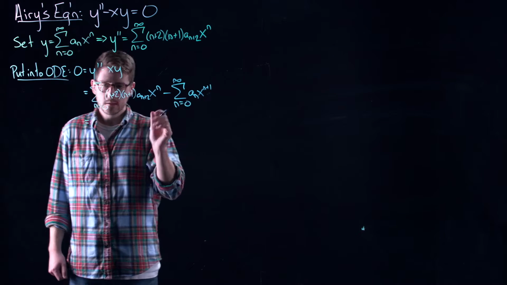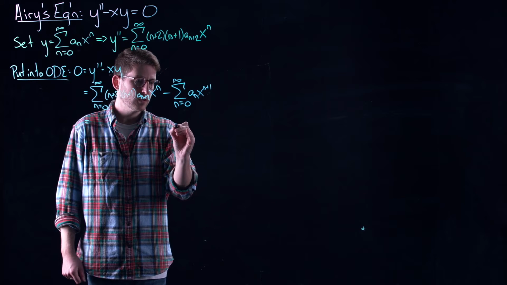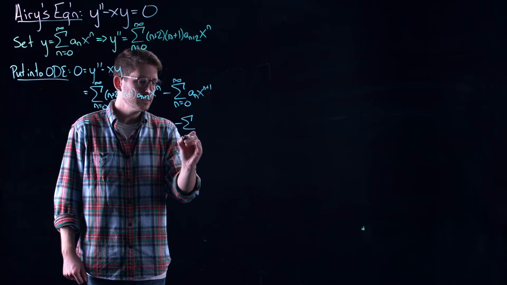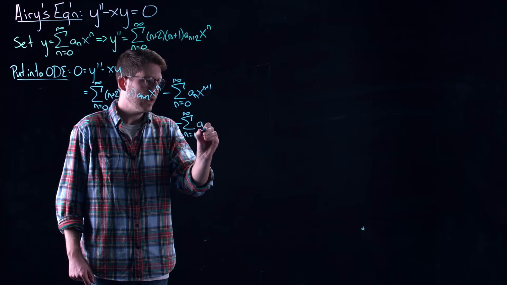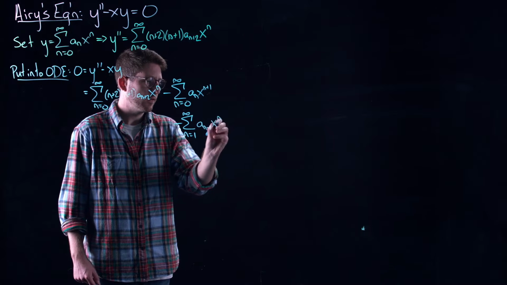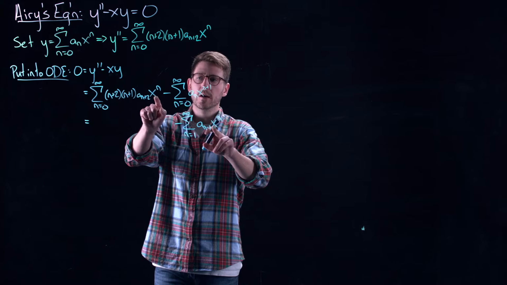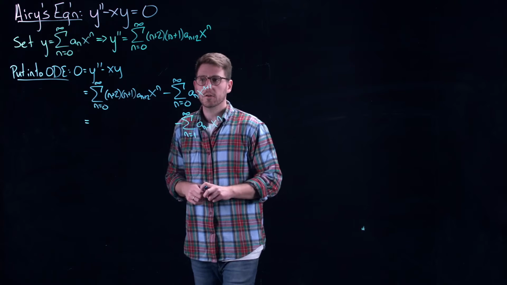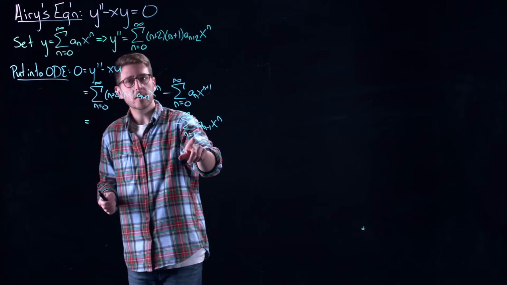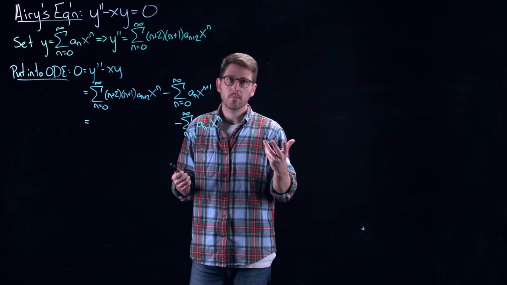So let's do something here. Let's start with this piece. I'll start writing that first. This is the same as counting from 1 up to infinity of a_(n-1) x to the power of n. I wanted x to the power of n because I have an x to the power of n. Same generic term for both of these series. Problem is now I'm starting counting at 1, whereas here I was starting counting at 0.